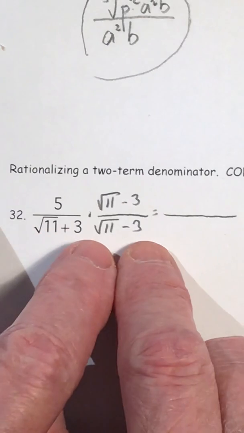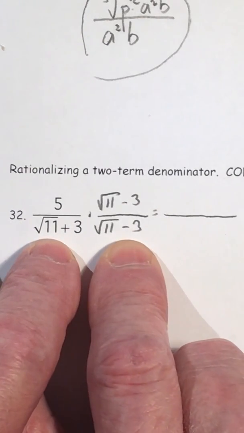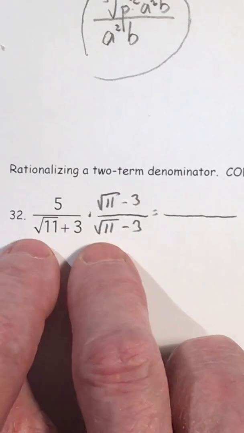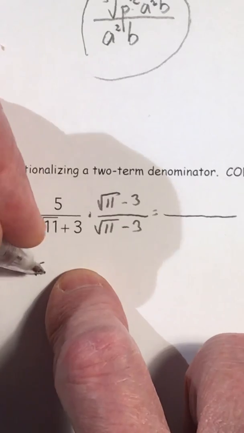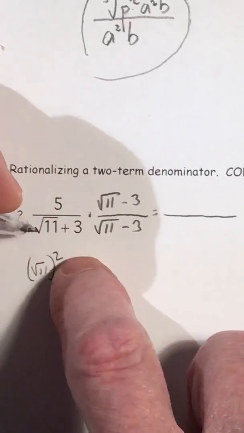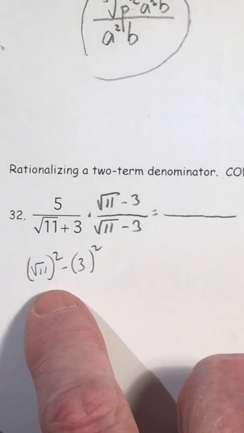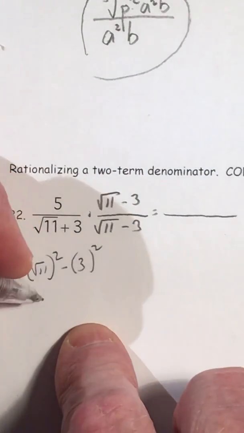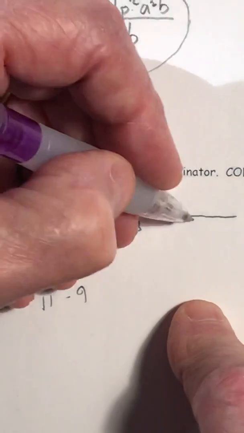It's the same two terms, one's plus, one's minus, so we're back to using the old difference of squares pattern. The answer here will be the square root of 11 squared minus 3 squared, and that's 11 minus 9, which equals 2.